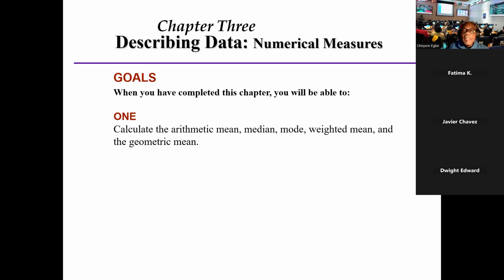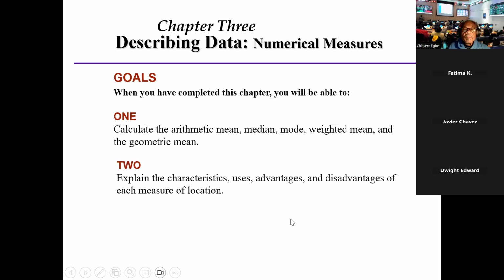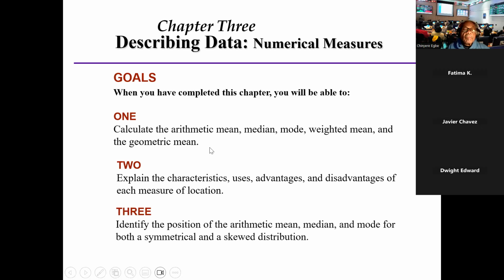Now, in calculating the mean, we also have a weighted mean, which is a very simple, more efficient way of reducing numerical data into means, into averages, okay? And we are going to also talk about the characteristics of means and the uses, the disadvantages of each measure of location, okay?